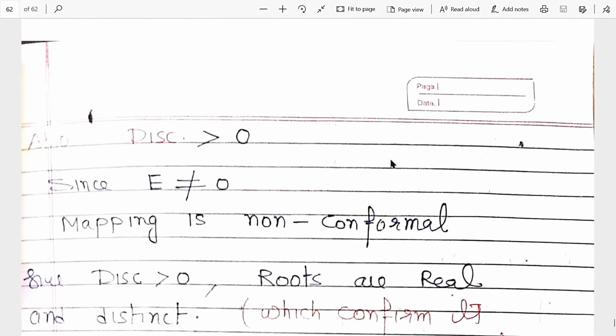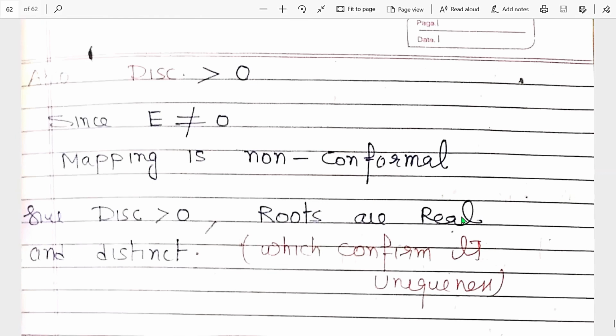Now, in addition to that, in this quadratic equation the discriminant is positive. We can easily check that. This is because E is non-zero. If the discriminant is positive and capital E is non-zero, then the mapping is non-conformal. That we read in complex analysis, conformal mapping and non-conformal.